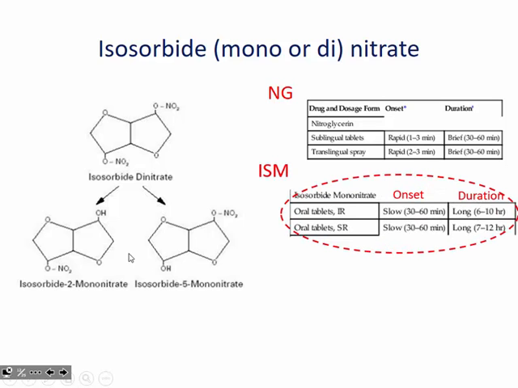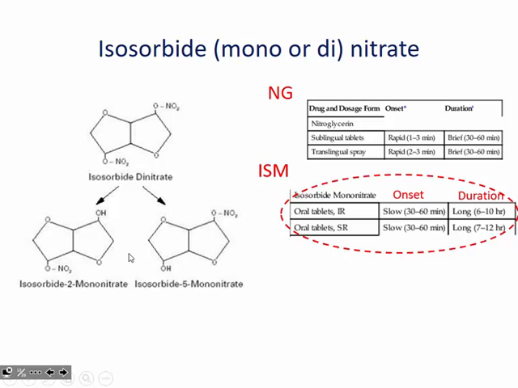If you look at the onset and duration, these have a slow onset. It's not like nitroglycerin. It takes about 30 to 60 minutes to exert action. But the greatest asset of isosorbide nitrates is the duration.